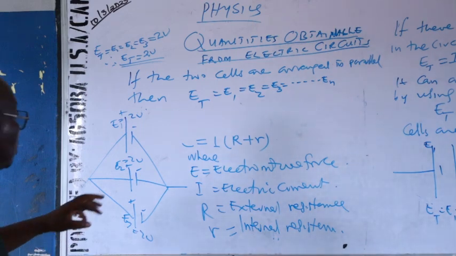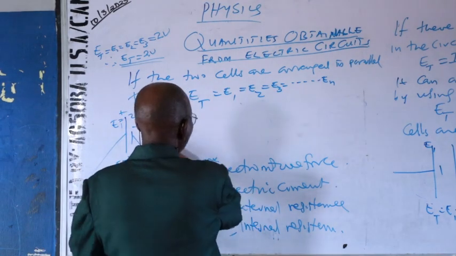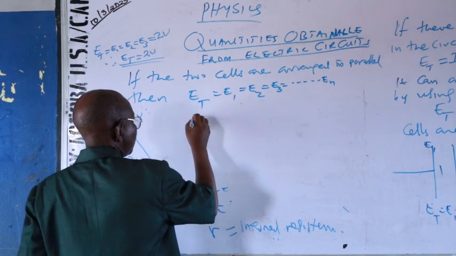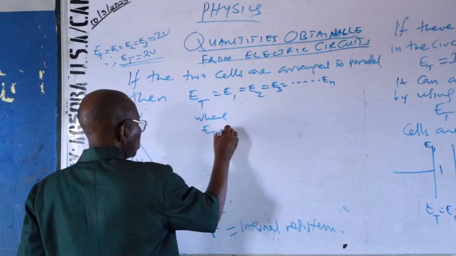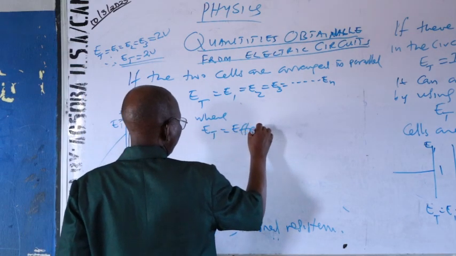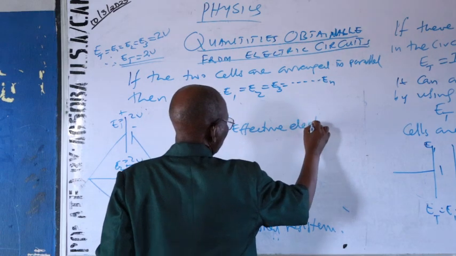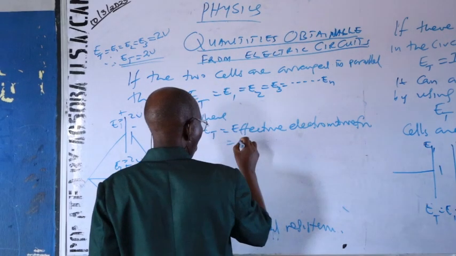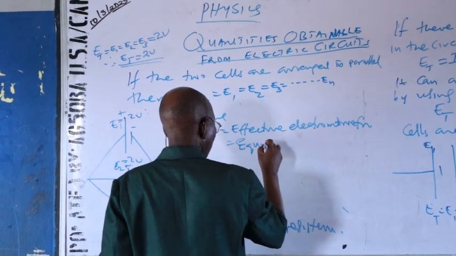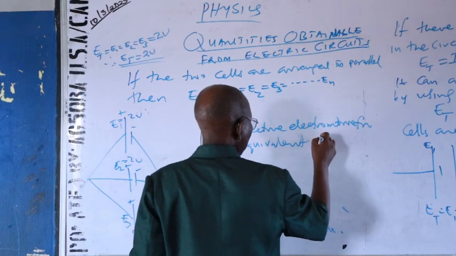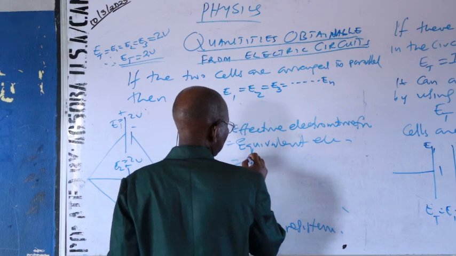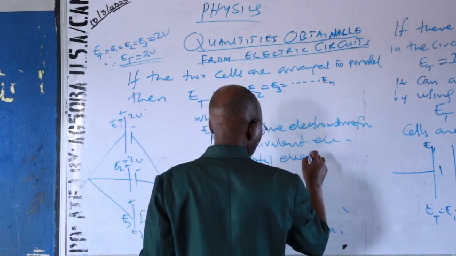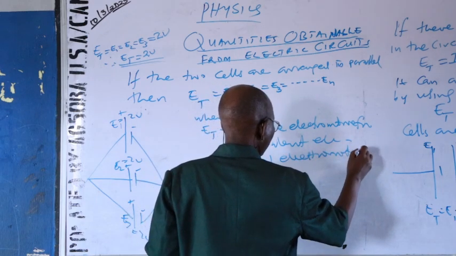The name you give to E total, you can refer to E total as equivalent or effective. You can say E total is called effective electromotive force, or we call it equivalent electromotive force, or you call it total electromotive force.